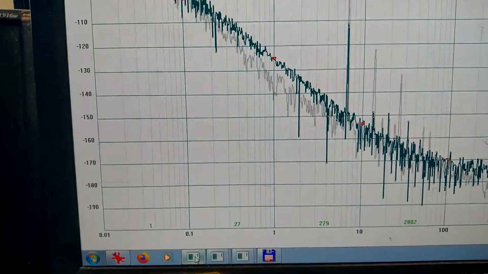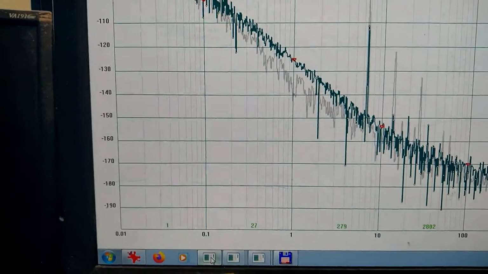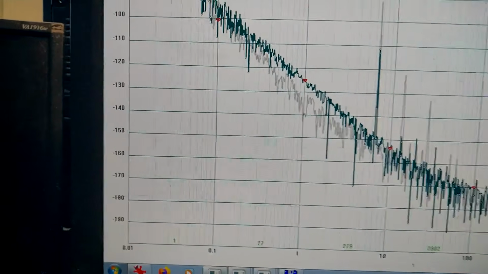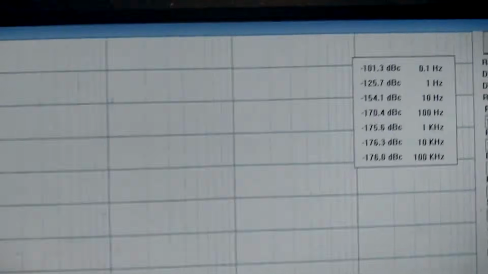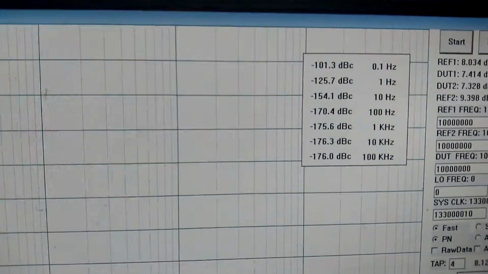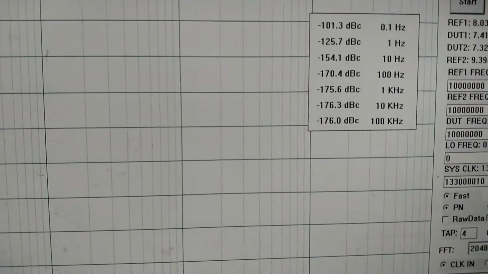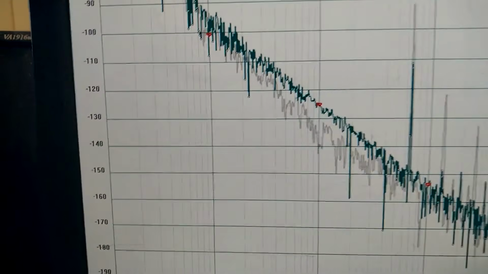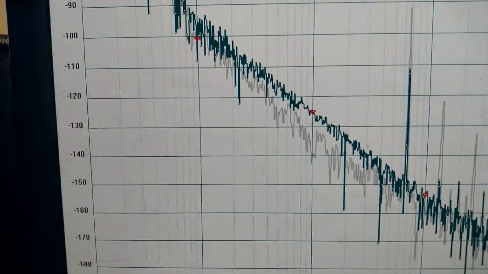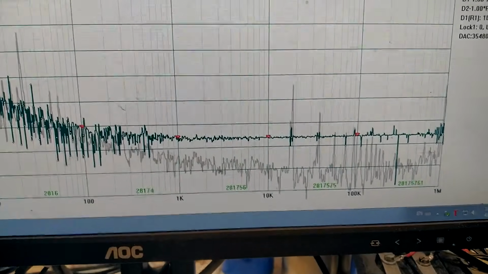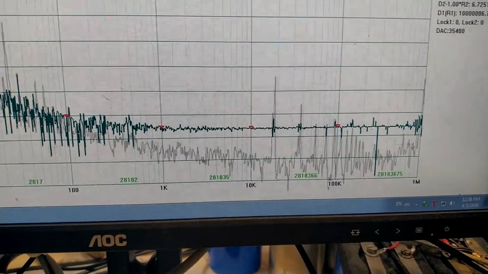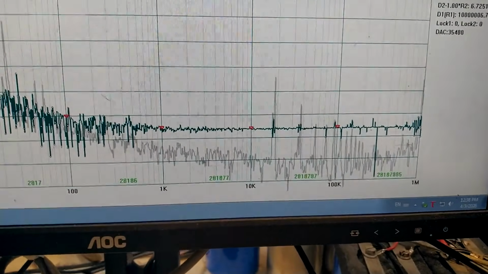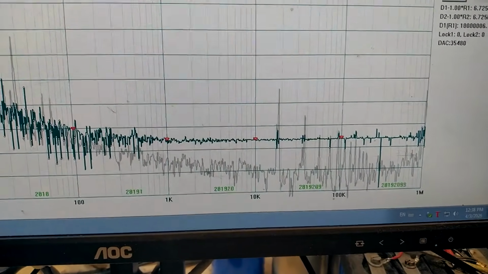The phase noise shown by the PN2060 this time at 1 Hertz looks very good. It says -125.7. But it varies from time to time. You see the track is fairly noisy. With a lower power in the crystals, the noise in the flat noise floor is degraded.